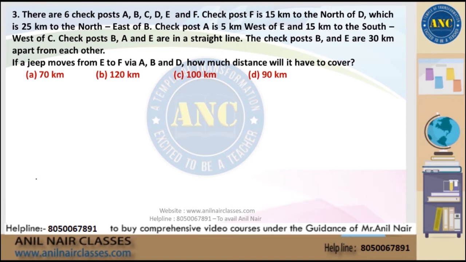The check posts B and E are 30 km apart from each other. Now, if a jeep moves from E to F via A, B and D, how much distance will it have to cover? Okay. Now, see here in this question, we see a lot of directions mentioned, correct?